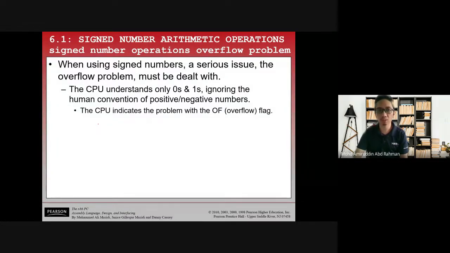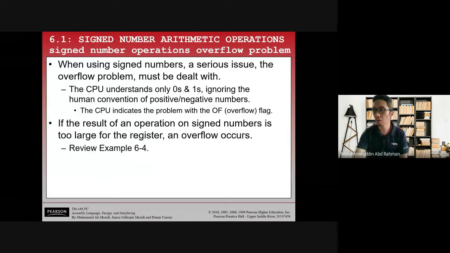If there is a problem, the overflow flag OF will become 1. The result of an operation on signed numbers is too large for the register and overflow occurs.